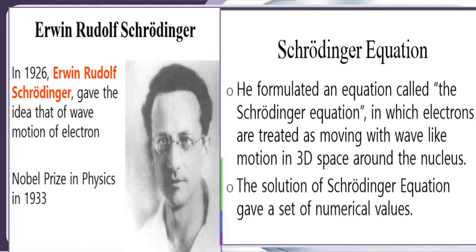Schrödinger formulated an equation which is termed as Schrödinger's wave equation, in which electrons are treated as moving with wave-like motions in 3D space around the nucleus. The solution of the Schrödinger wave equation gives a set of numerical values which are termed as quantum numbers.